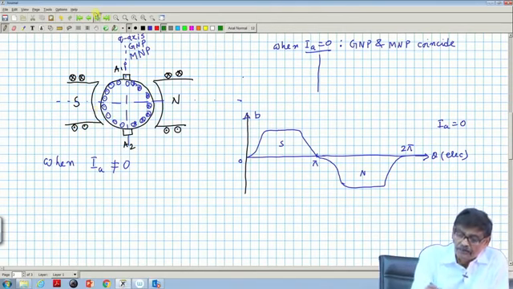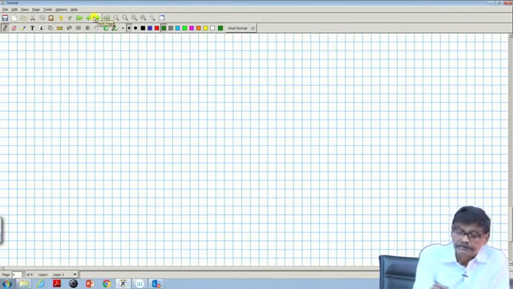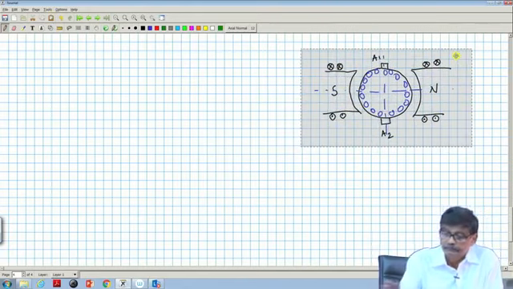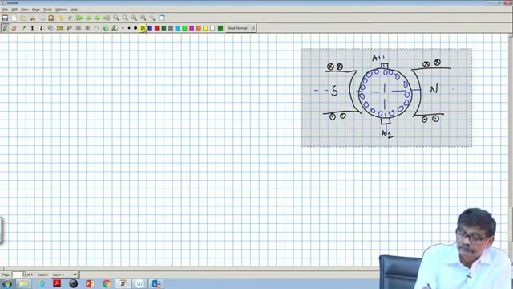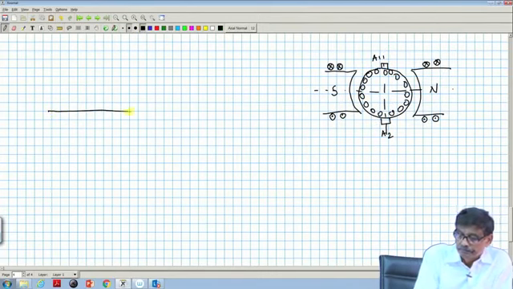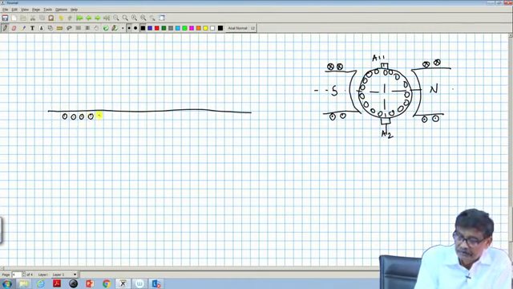Therefore, for a DC machine, the current distributions are like this, dot, dot, dot, dot, like that. These are all under the south pole as we have drawn earlier.